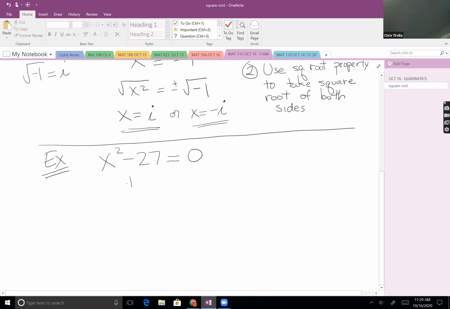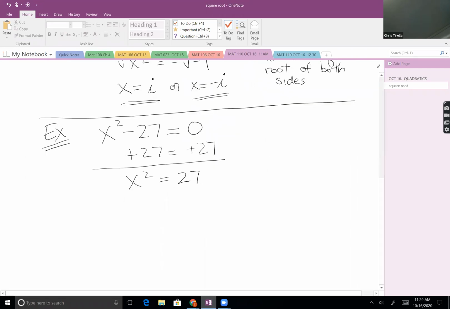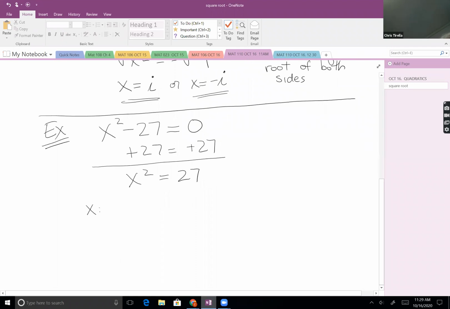Is everybody right? This one's not factorable. So the first thing that I want to do is get the perfect square alone. So that gives me x squared equals 27. And then when I take the root of that, I'll get x can equal the positive square root of 27, or x can equal the negative square root of 27.